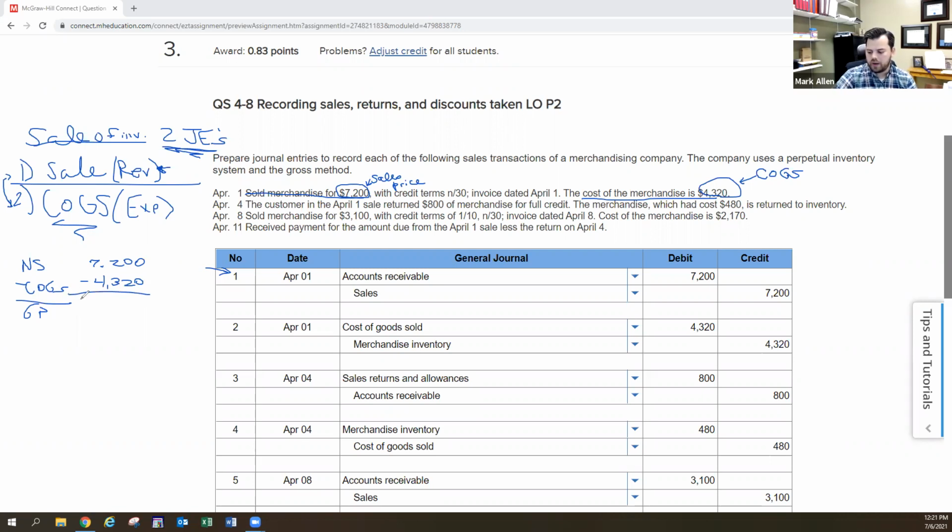And when you do that, you should come out to a gross profit here of 2,880. And then I could even go further and say, well, what is your gross profit percentage? Well, that is simply gross profit, 2,880, divided by the sales price of 7,200. So if you do that, what you would find is that this actually comes out to 40%.